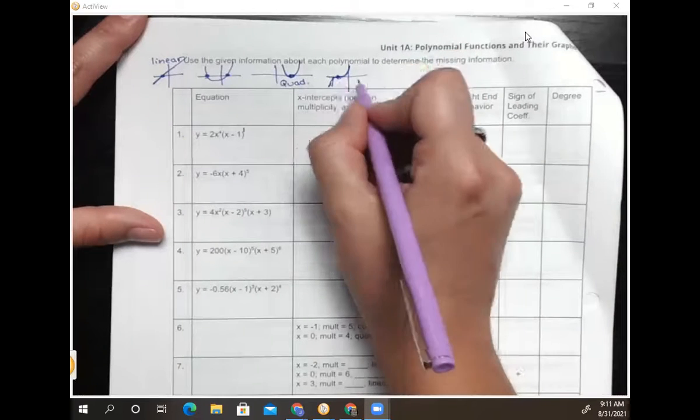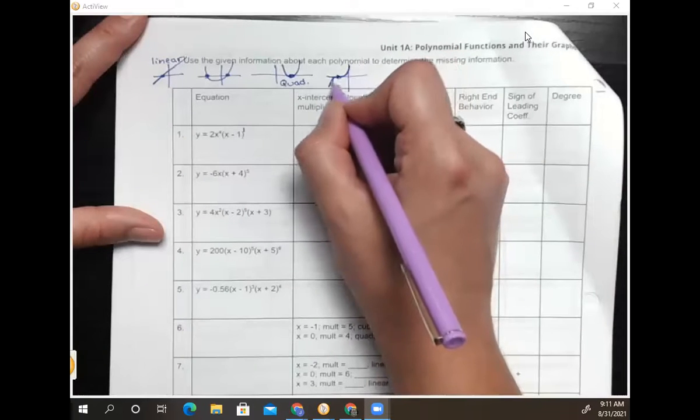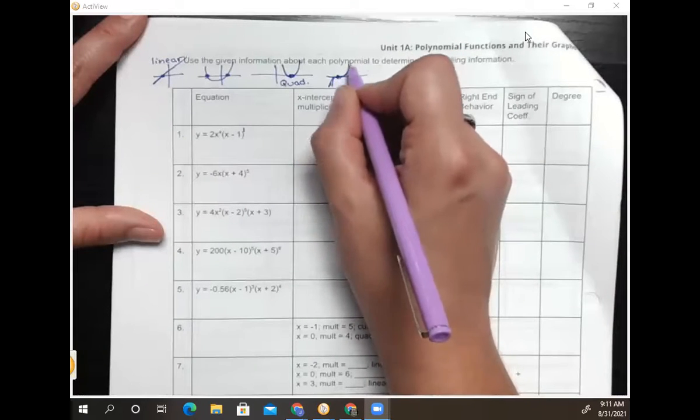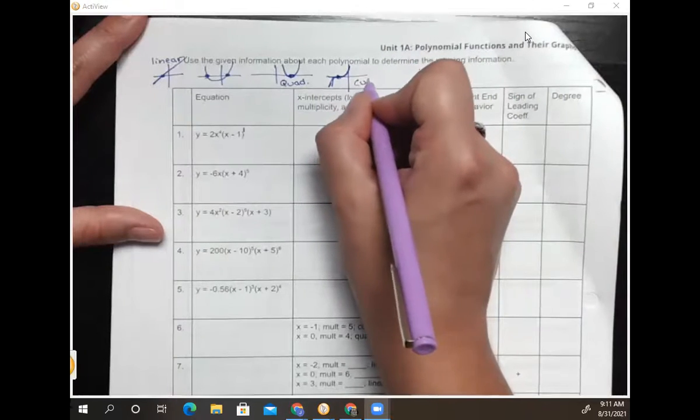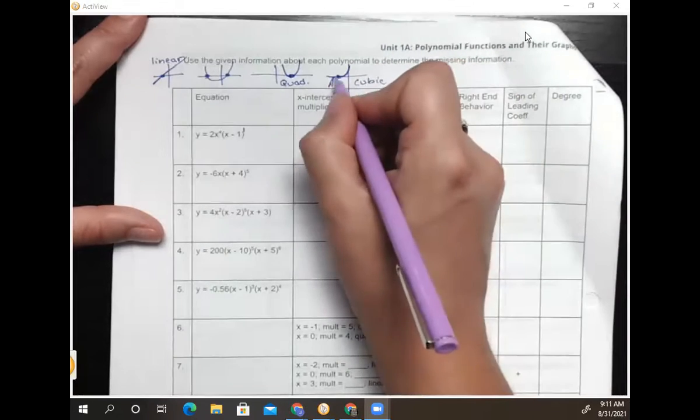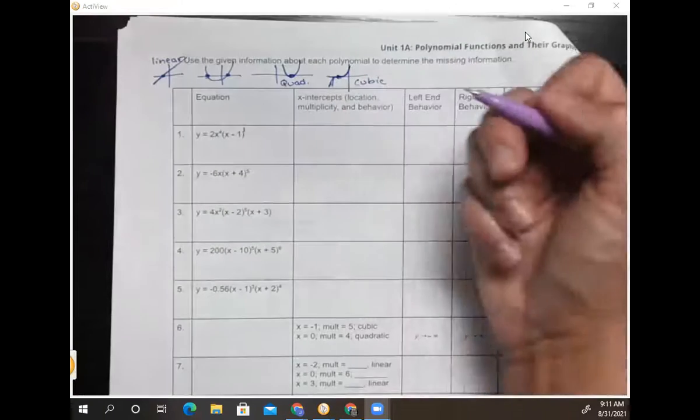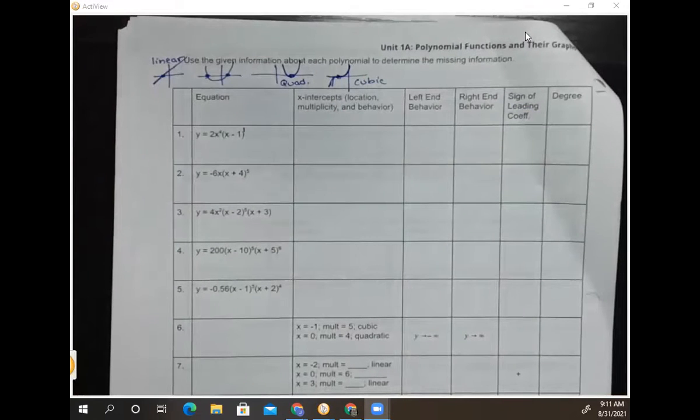And then where we approach the x-axis, flatten out, and then eventually poke through to the other side, we're going to call cubic behavior, because this is what a cubic function looks like, the graph of x cubed. So that's where all those names came from. And again, that was in your notes from last time.